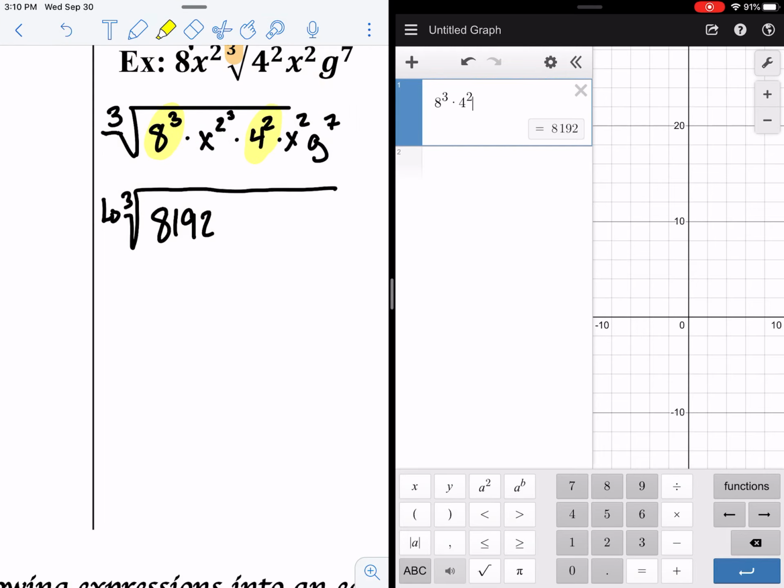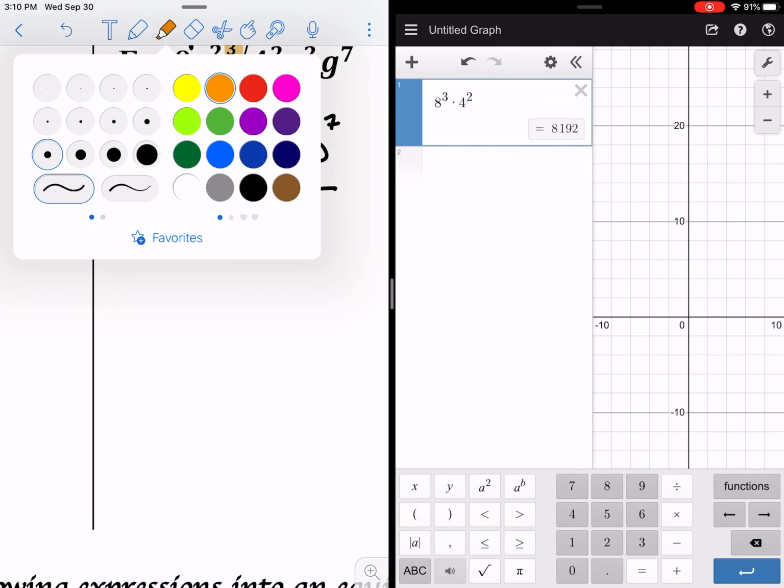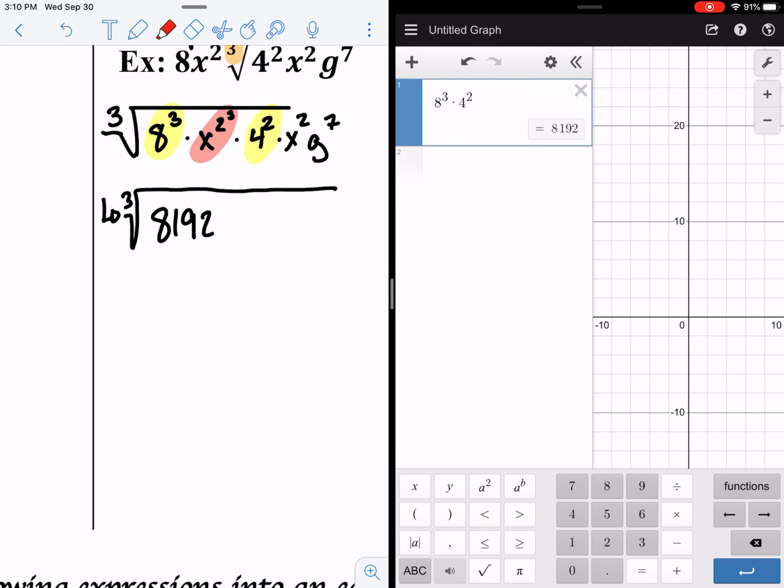So I'm going to multiply my like terms together. X squared raised to the third power is really just x to the 6th times x squared. Remember, I just add exponents when I'm multiplying, product of powers. And then g is by itself. And then we're done.